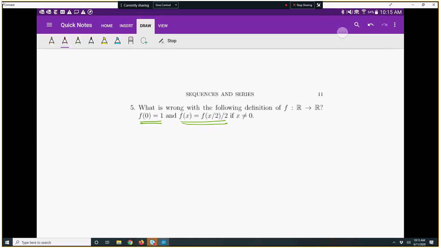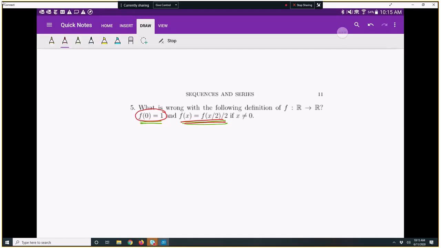Well, this definition is only good for x not equal to 0, but the express definition that we were given is only good for x equals 0.